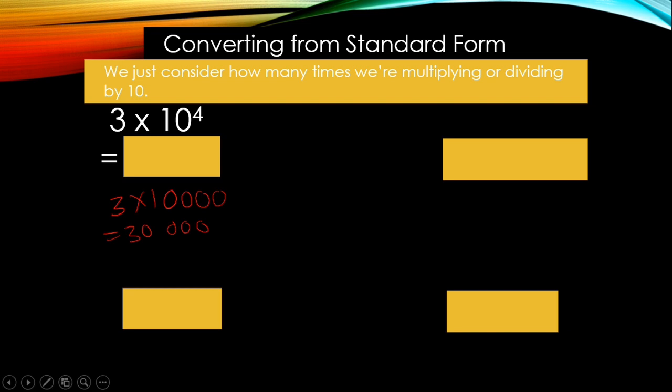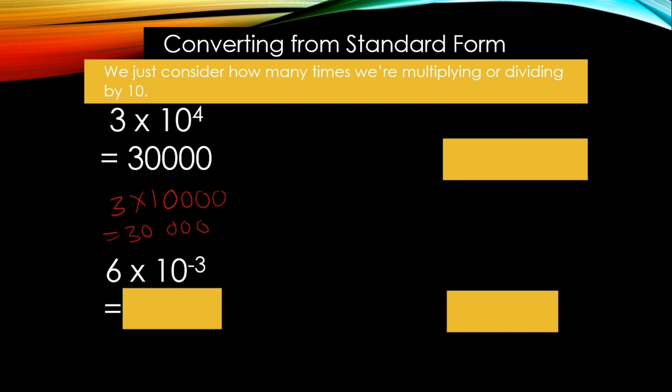It's 30,000. Let's try another one. 6 times 10 to the power negative 3. Now you can see here that our power is negative, so we're going to move to the left. So it will be 6 times 1 over how many zeros? 1, 2, 3.